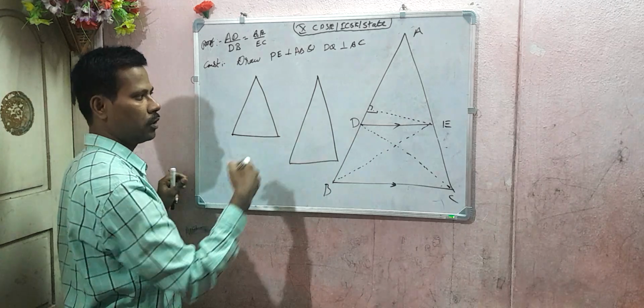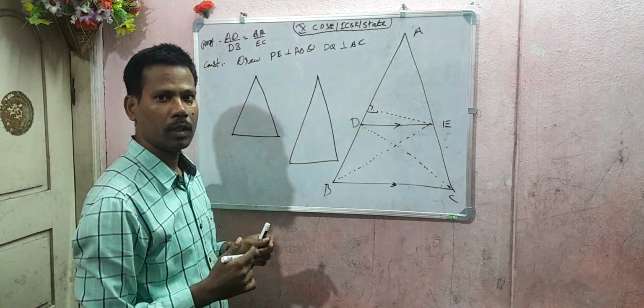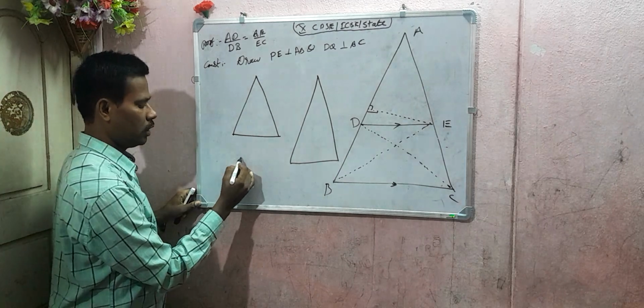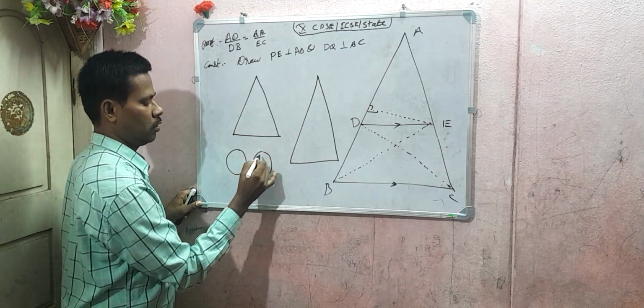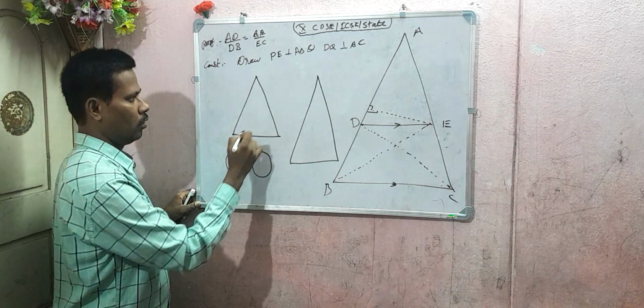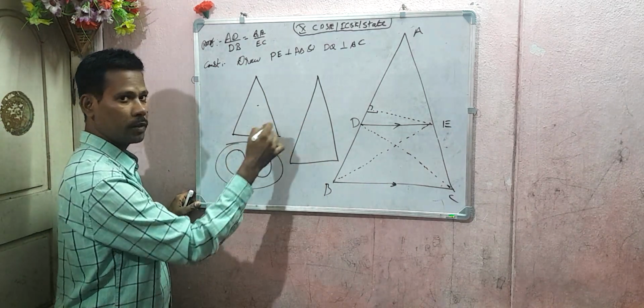These two diagrams are said to be similar because they look the same. Now take this other example. Observe this diagram and this diagram. What do you observe from these two patterns?